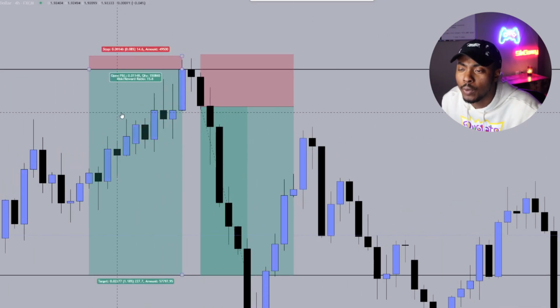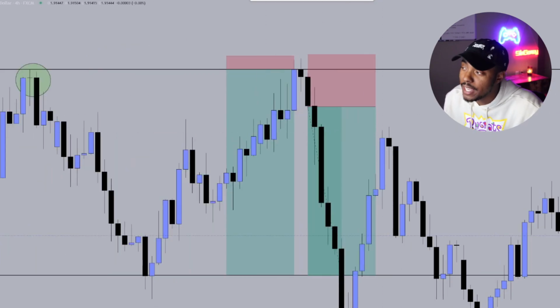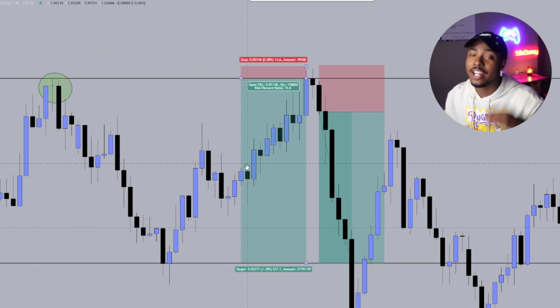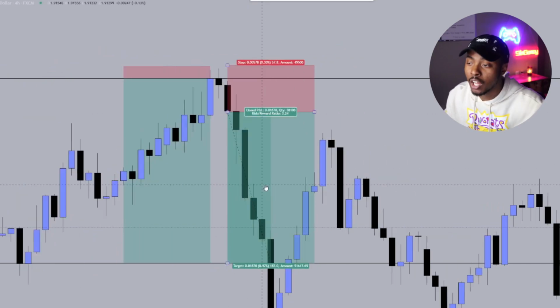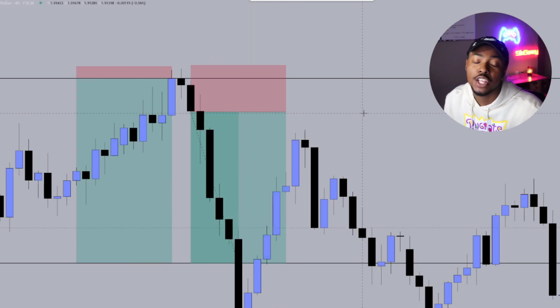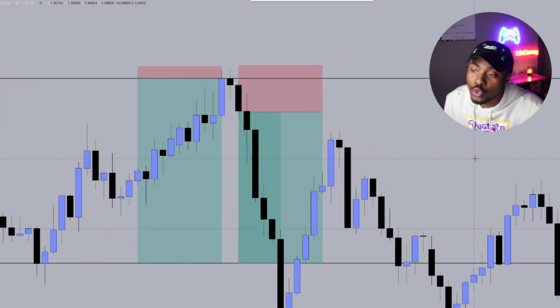But as you can see, it wasn't a 15-to-1 risk to reward, meaning if you would have risked $100 on this trade, you would have gained $1,500. Whereas on the conservative entry, if you would have risked $100 on the trade, you only would have gained $300. But you did wait for that confirmation, and it was safer for you to take that trade.